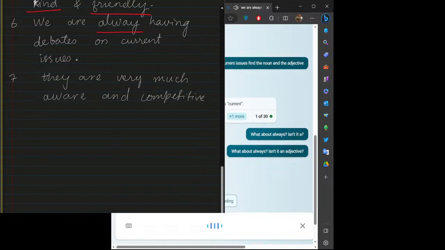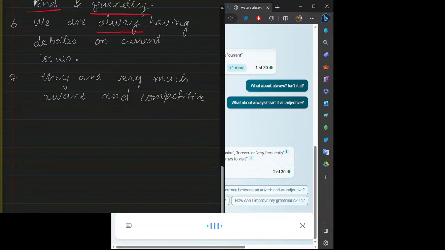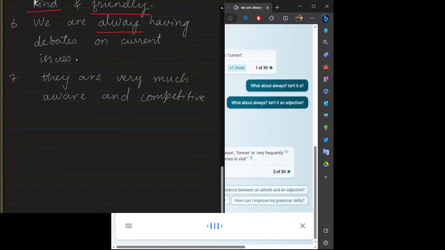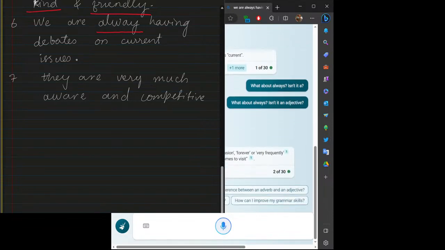Searching for, adjective versus adverb. Searching for, always adjective or adverb. No, always is an adverb. It can mean on every occasion, forever, or very frequently. For example, she always brings me flowers when she comes to visit. Okay, good. So I learned here that always is an adverb again. It's not an adjective.